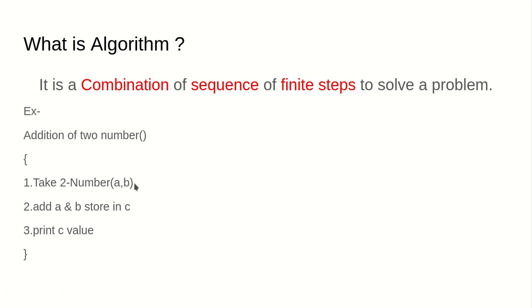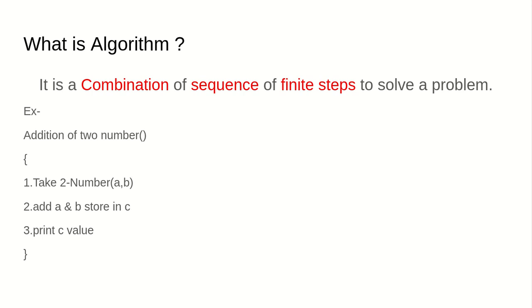And an algorithm should always terminate after a finite number of steps. That finite number of steps can be 1000 or any number, but it should be a constant number.